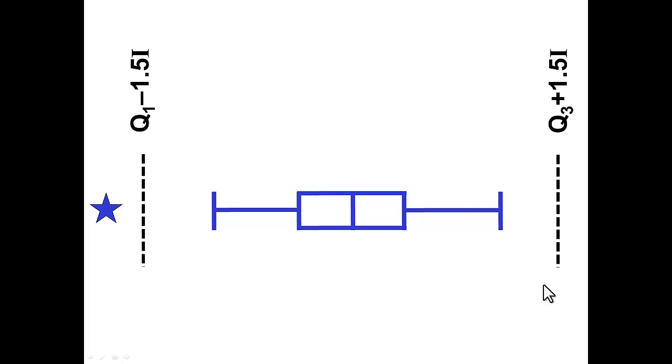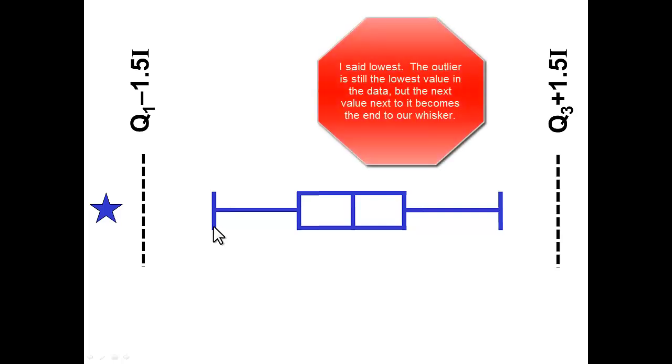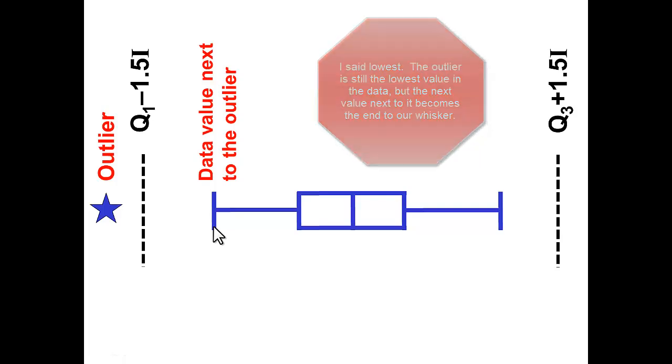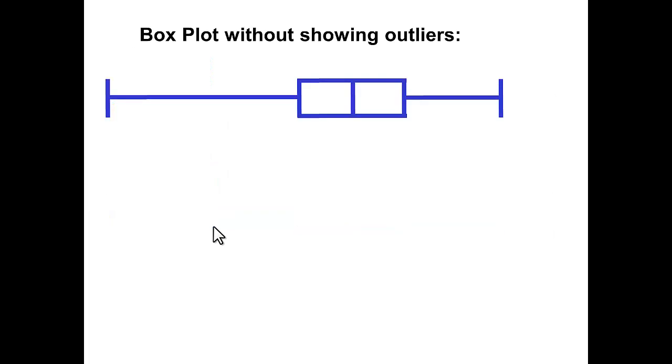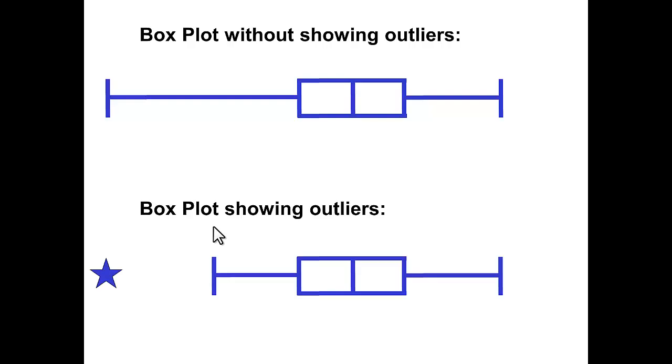The dotted lines are our borders or our fence. Anything outside of that is an outlier, so it gets a star, and the next lower data value becomes our new lowest value, and that's the next value to the outlier. So this is what the box plot would look like without showing outliers, and here it is showing the outlier.